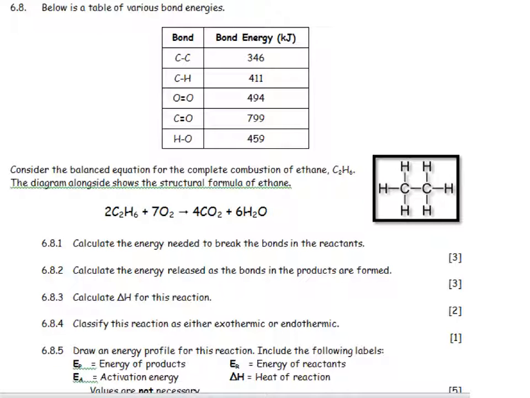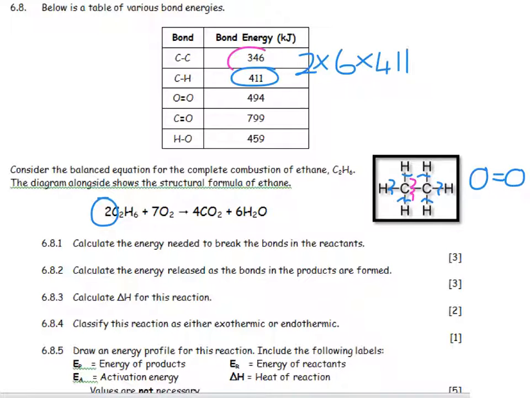Firstly, we've got the ethane, but we've also got some oxygen, which means we need to start by saying I'm going to break 1, 2, 3, 4, 5, 6 C-H bonds. But there are also 2 of those. So it's 2 times 6. Then I'm going to need to break 1 C-C bond.